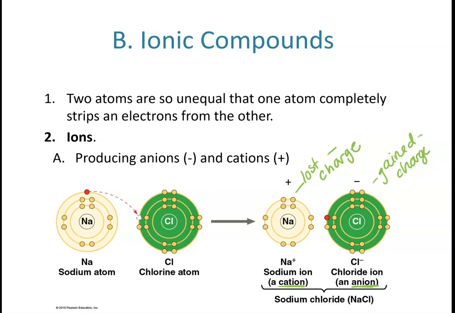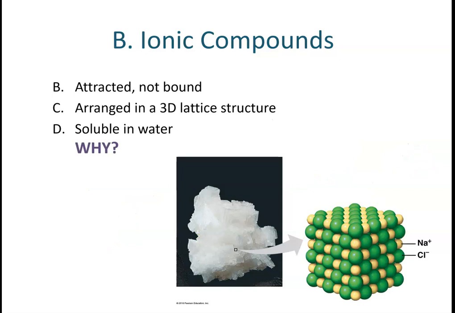Now, ionic bonds are important because they can lead to ionic compounds. An ionic bond is a little bit of a misnomer because ionic bonds are actually attractions, not atoms being physically bound. So when we saw our covalent interactions, they're actually sort of stuck together.